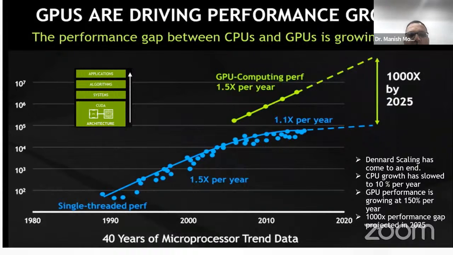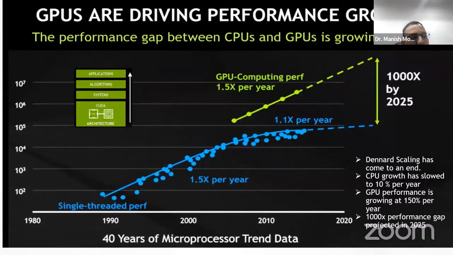Around 2005, we realized that we can't get more speed up because of limitations in energy requirement and chip size. Both had limitations. So the growth in CPU speed up became negligible, about 1.1x every year, right?